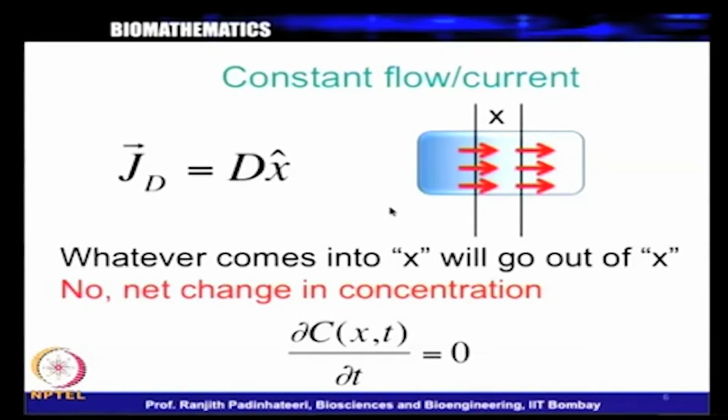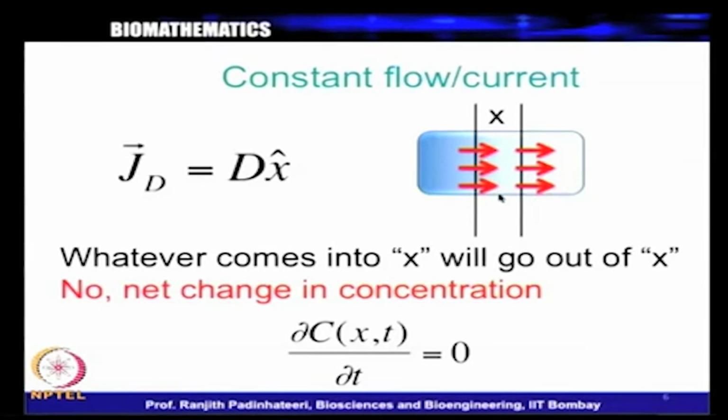So, what does it mean? That means that if some amount of molecules comes into this area in 1 second, the same amount of molecules will go out of this area in the same second. That is what it means. Whatever comes in goes out.